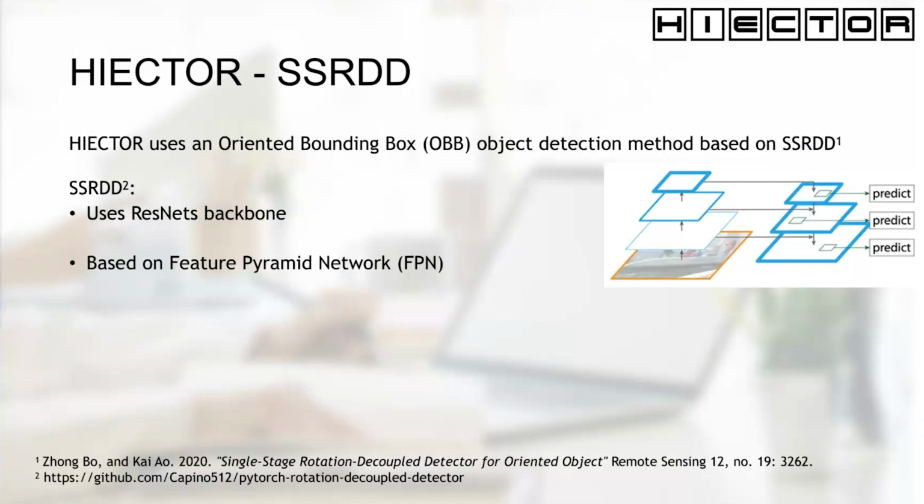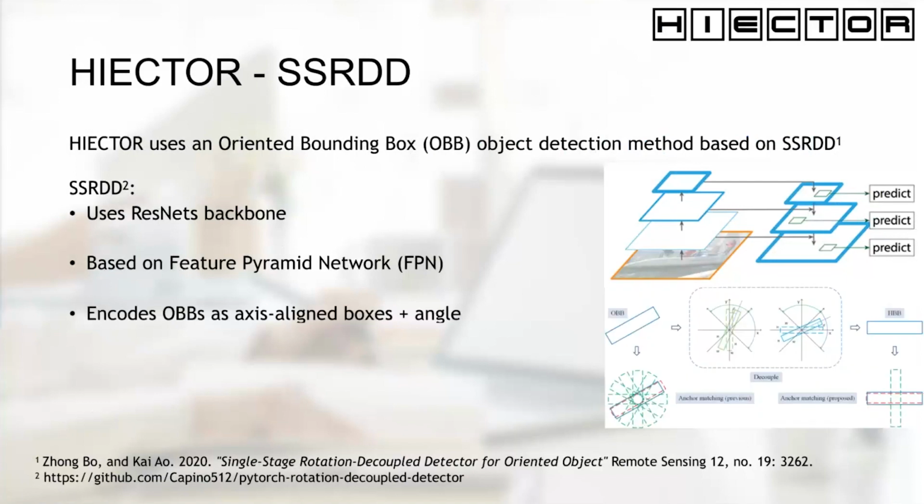These are then combined together to get the final predictions, so it's an inherently multi-scale approach. And SSRDD encodes the oriented bounding boxes as a combination of axis-aligned boxes plus the smallest angle that aligns the oriented bounding box to an axis-aligned bounding box.